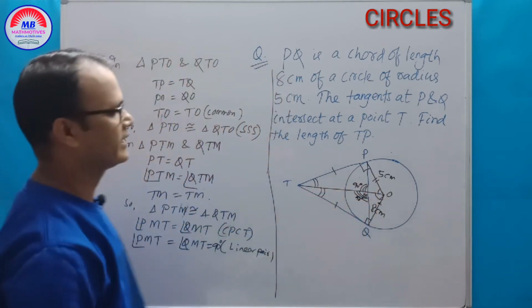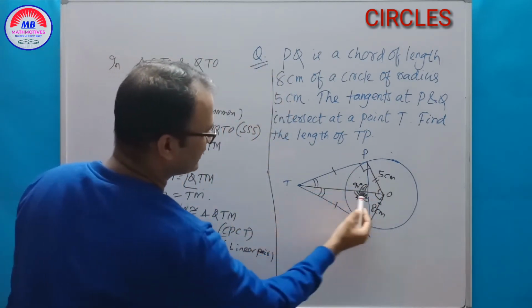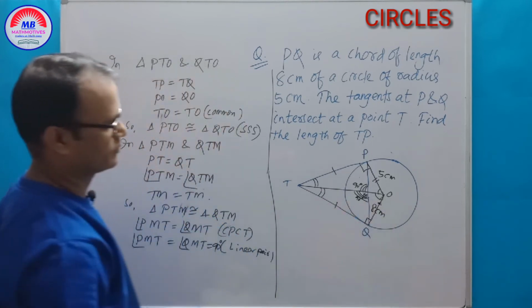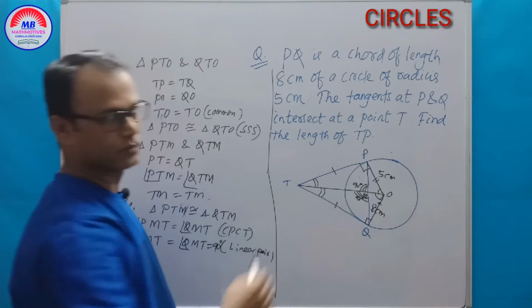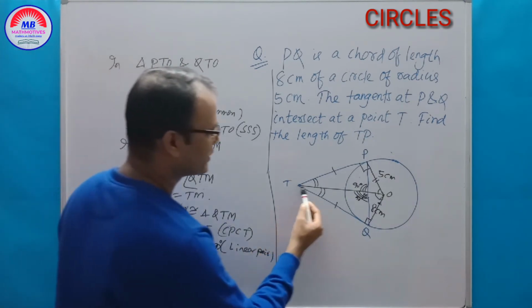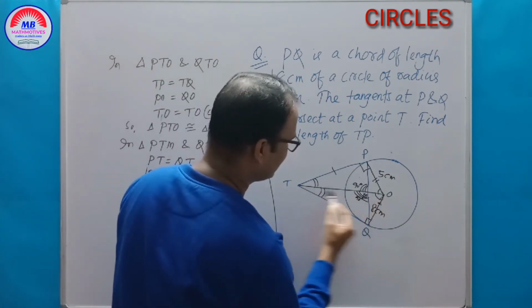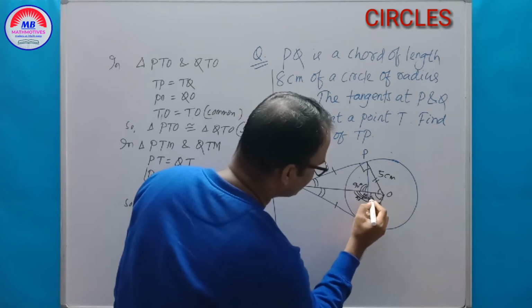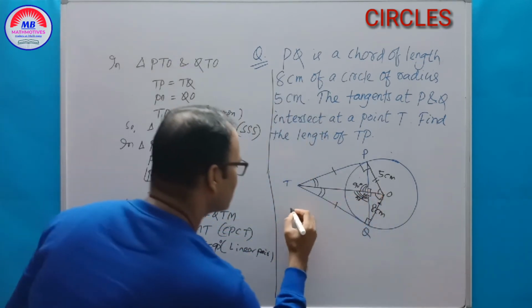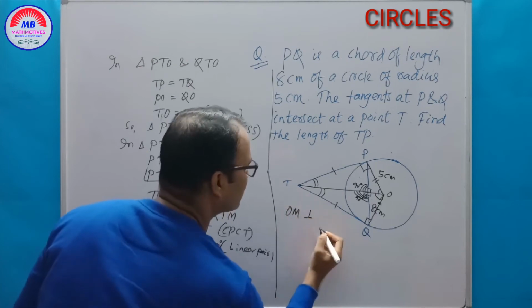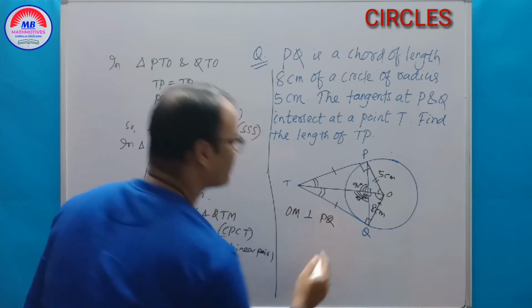If this angle is 90, then TO is the perpendicular bisector of PQ. Clear? OM is perpendicular to PQ.